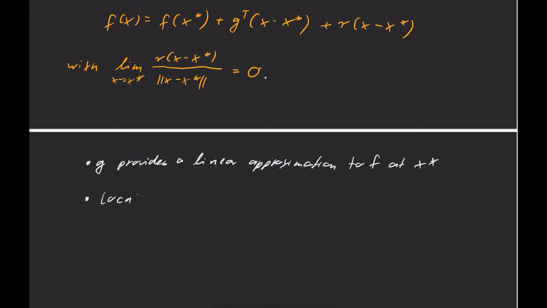Okay, so the second point is locally, meaning around x star.